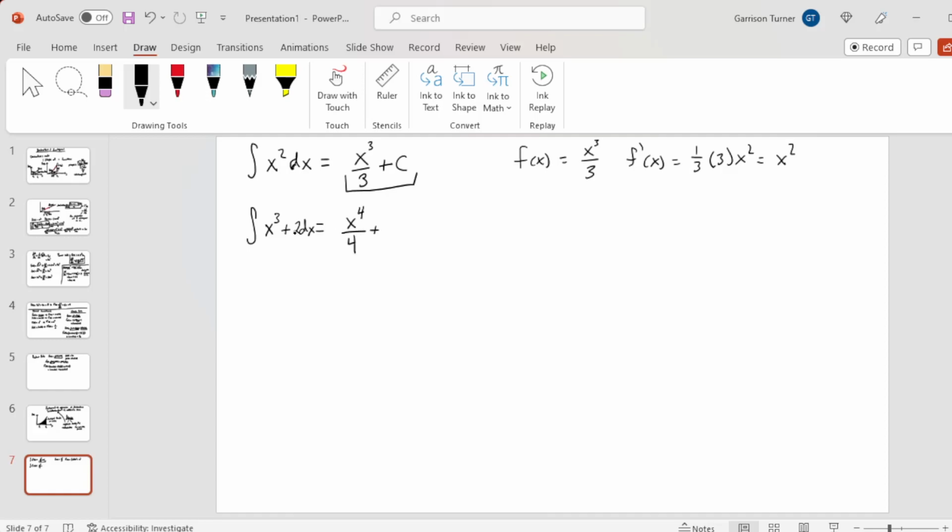And then I'm going to take the 2, and this is the same thing under the integral sign as 2 times x to the 0. Okay? So if I have x to the 0th power, then if I add a power, this becomes 2x, and then I have to add the constant because I don't know if there was a constant hanging out or not.